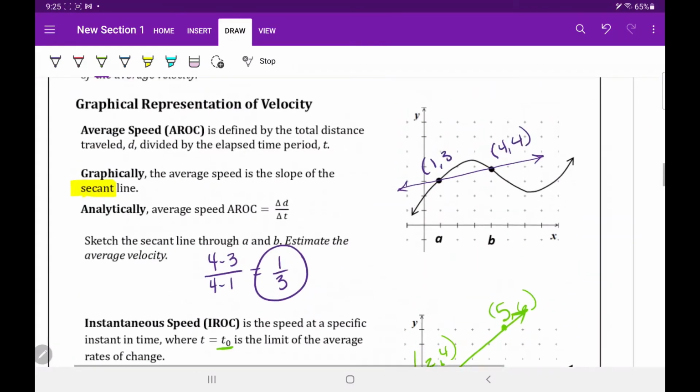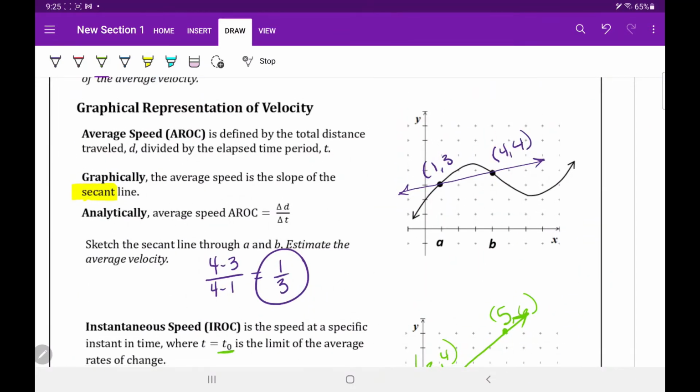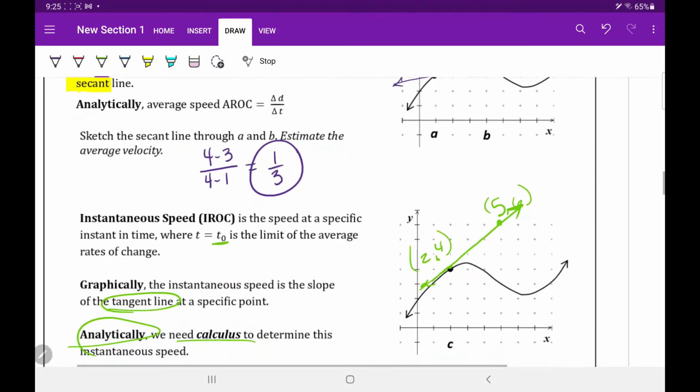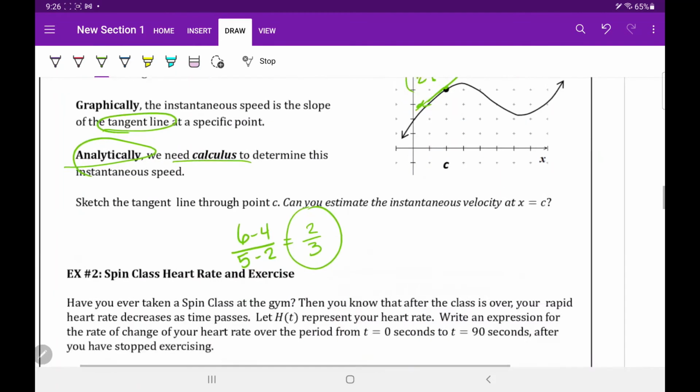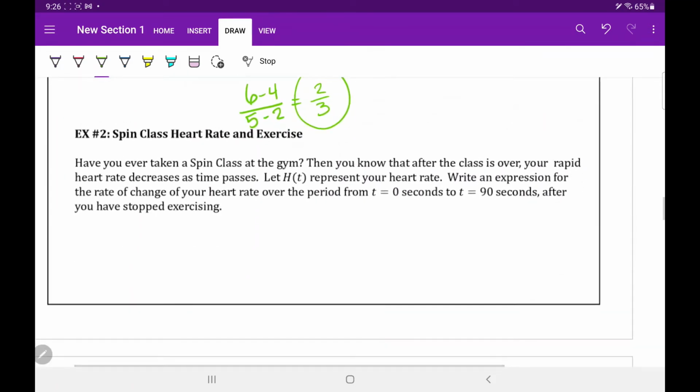The secant line is 2 points. It doesn't really matter where they are. You can connect any 2 points and take the slope of the line. This tangent line is barely touching exactly the curve. And so that's basically saying, what is the slope at this one and only point? Okay? So keep that in mind as we go forward into future lessons.